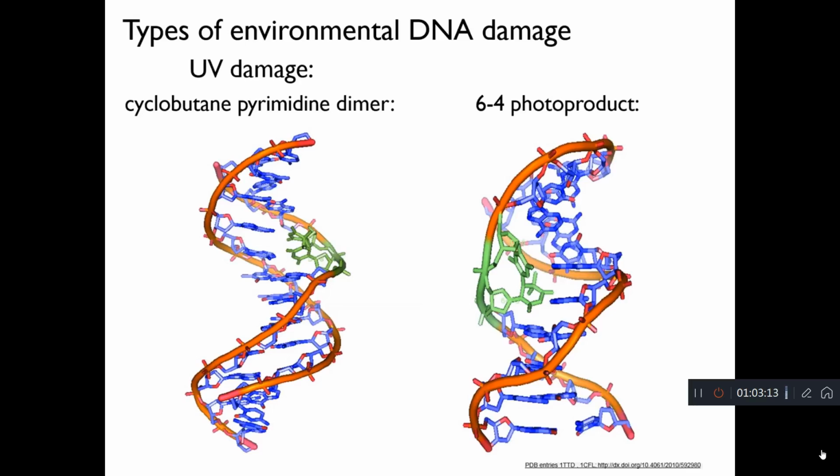In addition to mucking up the base pairing across from the CPD, which you can also see, the bases on the opposite side are maintaining their normal base pairing stacking, which obviously is not compatible with them being in the same plane as the constrained bases for proper base pairing. And that will become important a little later when we look at how UV damage is repaired in a cellular context.